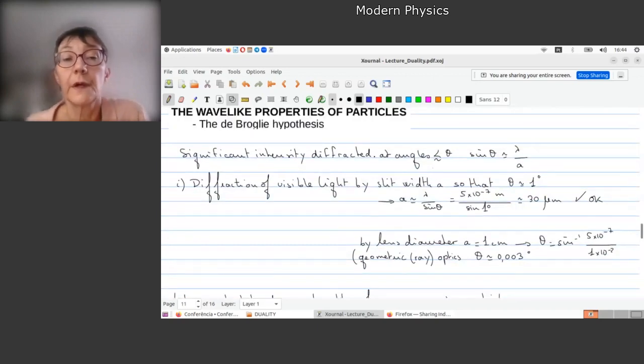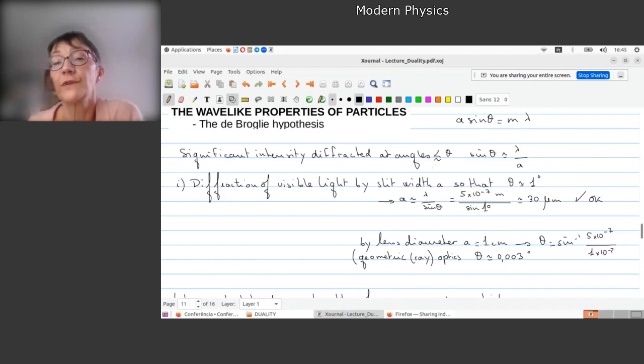It is important to emphasize here that you have significant intensity diffracted at angles which I called theta. And so the order of magnitude of this theta is such that you have typically sine theta equal to a number m, it's not a quantum number, it's an integer, times lambda.